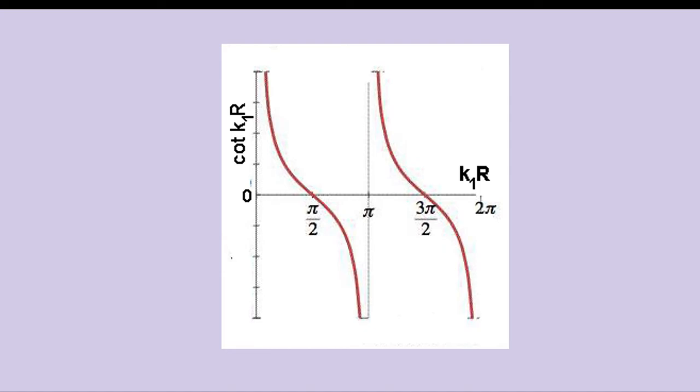Cos pi by 2 is 0, sine pi by 2 is 1, so 0 by 1 is 0. And at pi, cos pi is minus 1 and sin pi is 0, so cos pi by sin pi is minus 1 by 0, and 1 by 0 is infinity, with the minus sign, so you take it as minus infinity.